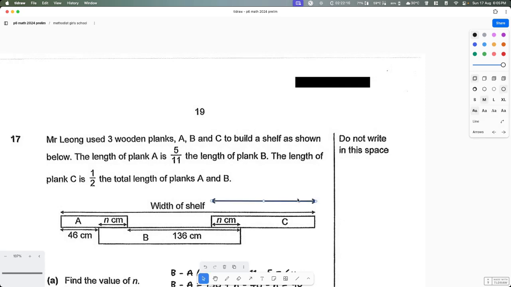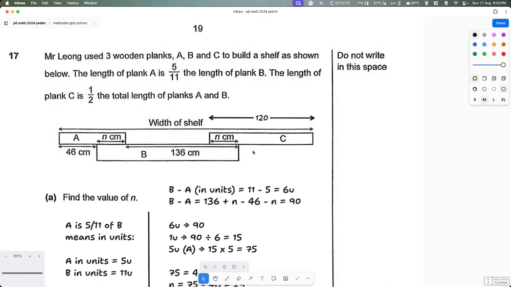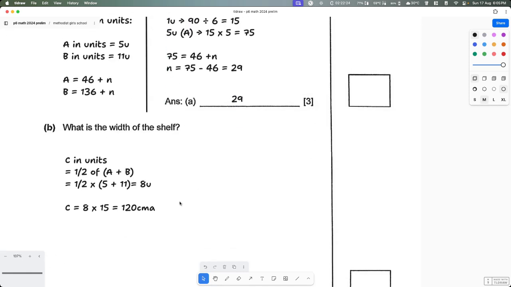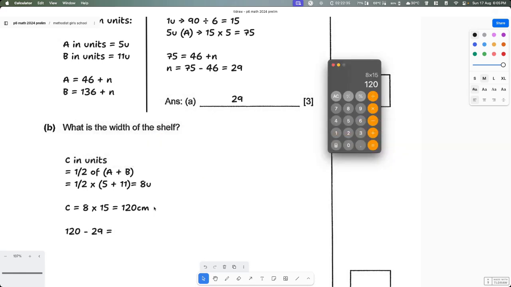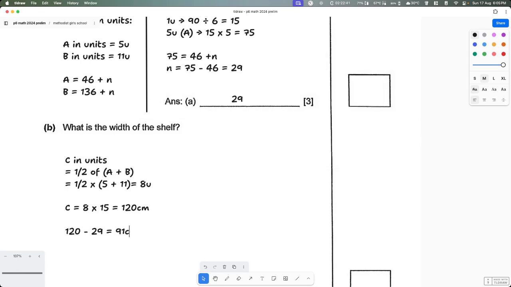This is 120. So basically we want it without the N. So 120 minus N is 120 minus 29, and this will give us 91 centimeters.